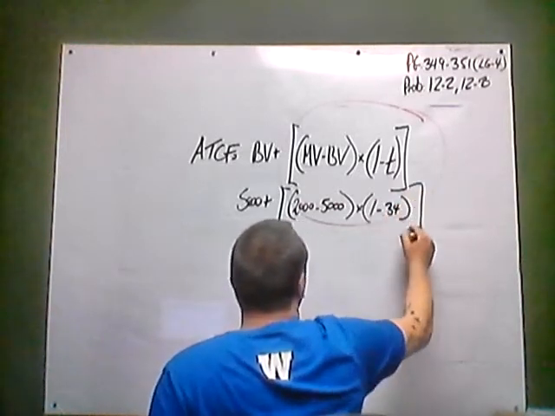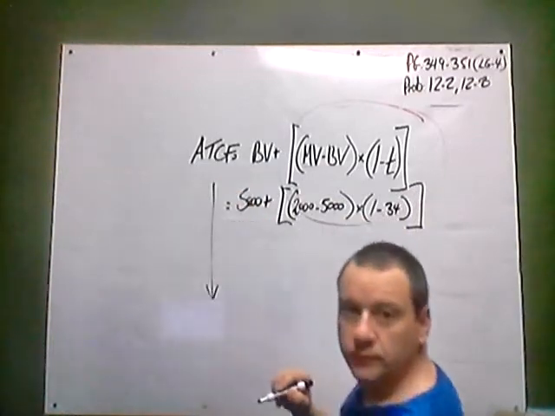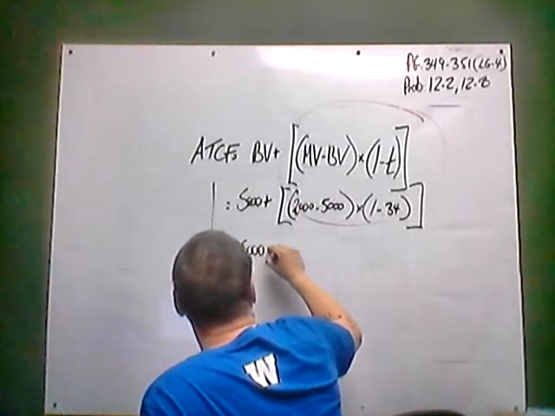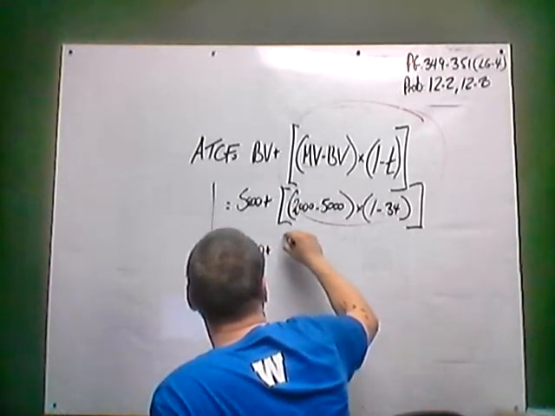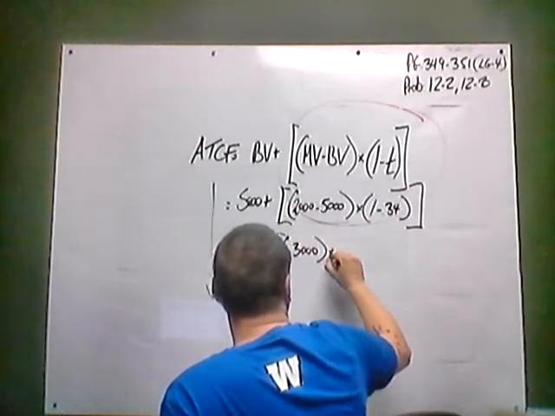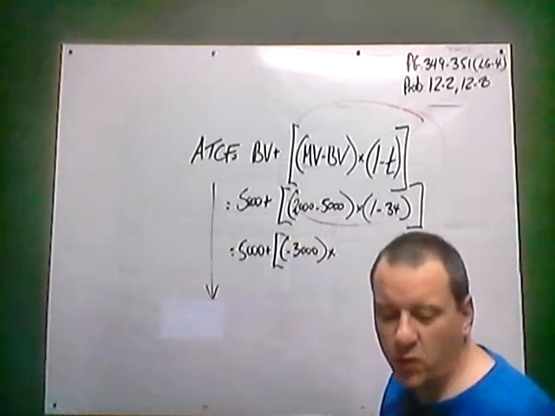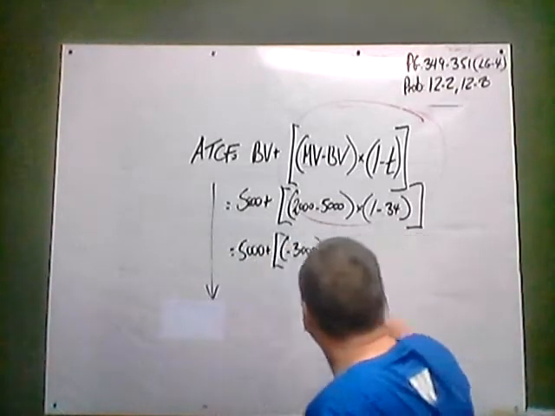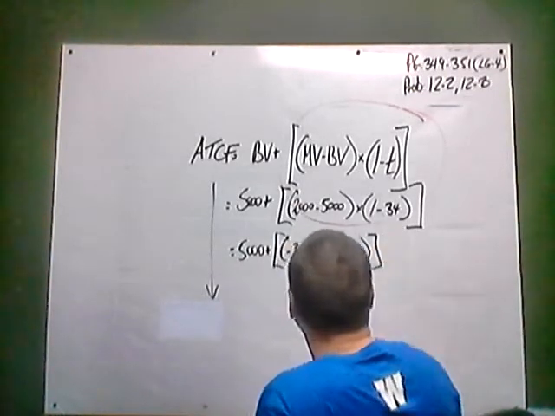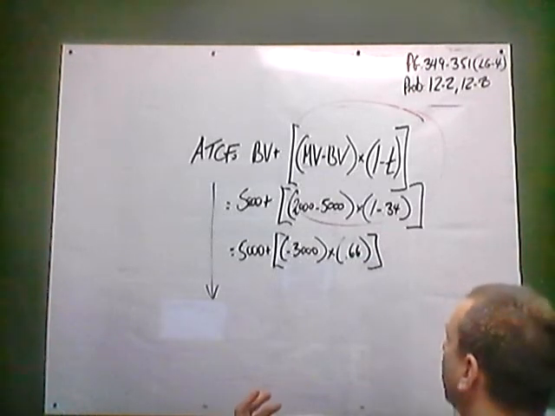Algebra says we work our way down: 5,000 plus, minus 3,000 times, and in this case 1 minus 0.34 is 0.66. We're figuring out what's in the brackets first.